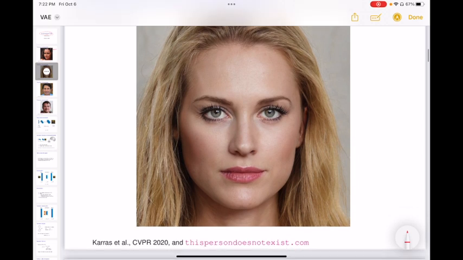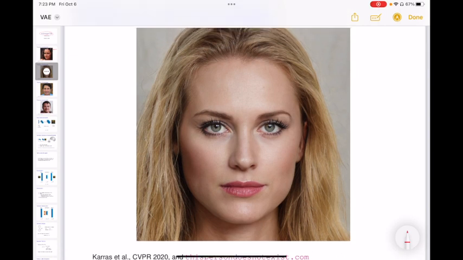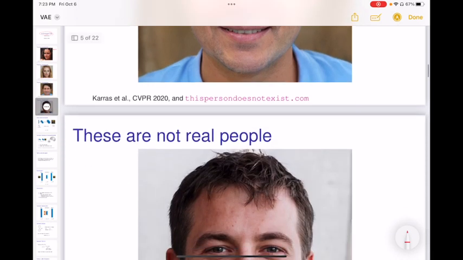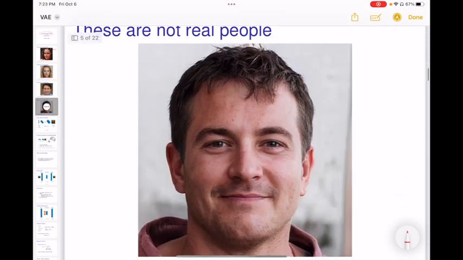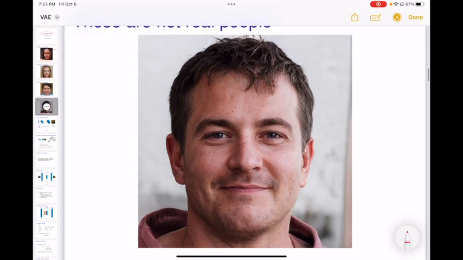If you go to this website called thispersondoesnotexist.com, it will automatically generate an image of a person that really does not exist in the real world. What the model is doing is using a very sophisticated autoencoder to sample data from a learned distribution of human faces that it has learned using real data, and it is able to generate new faces that do not really exist in that data.